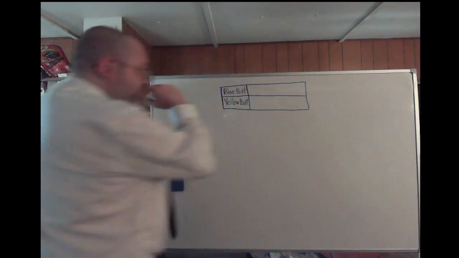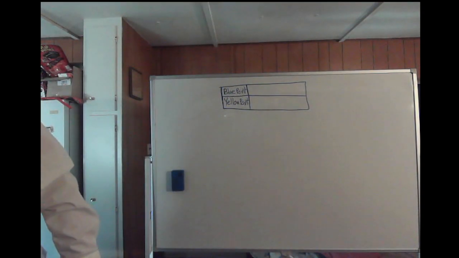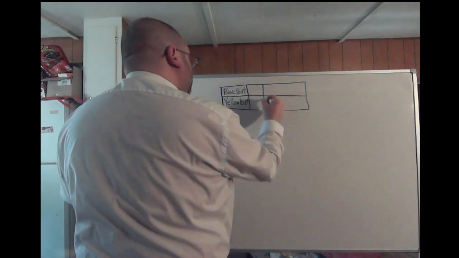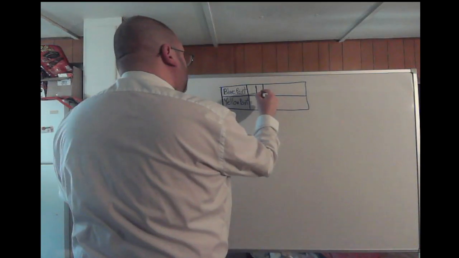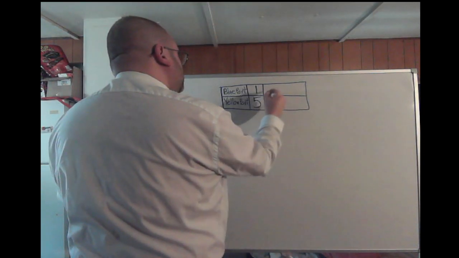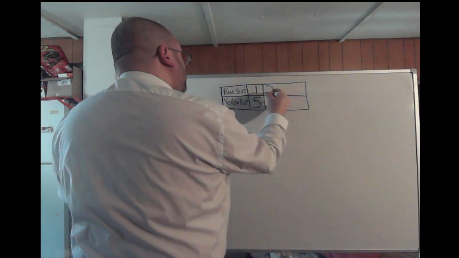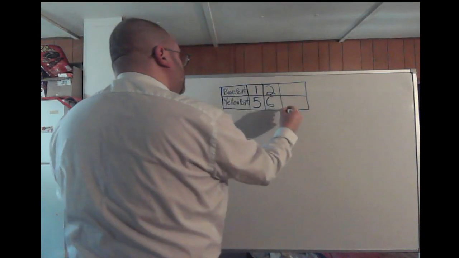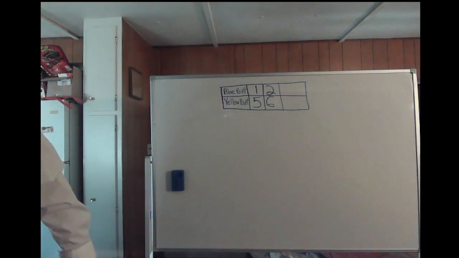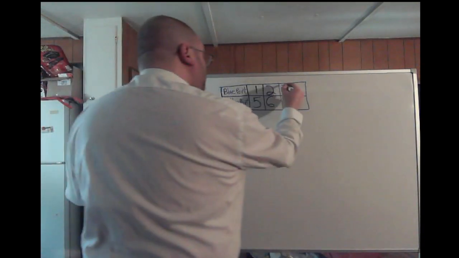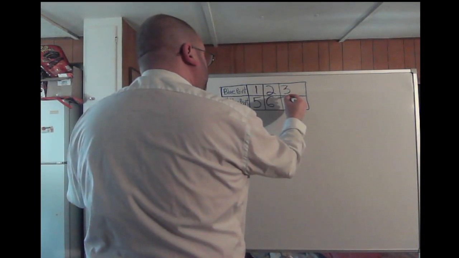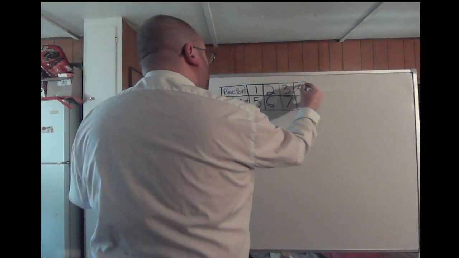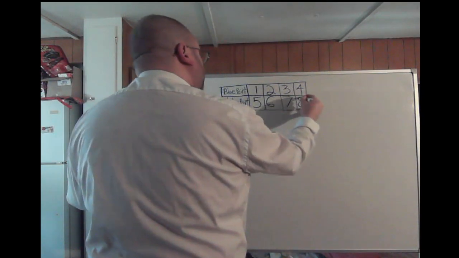This is supposed to be a table of blue paint to yellow paint. So you got 1 blue paint to 5 yellow paint, 2 blue paint to 6 yellow paint, 3 blue paint to 7 yellow paint, and then 4 blue paint to 8 yellow paint. Okay?